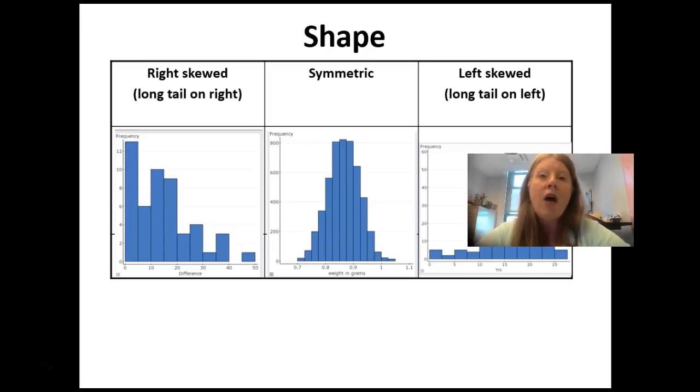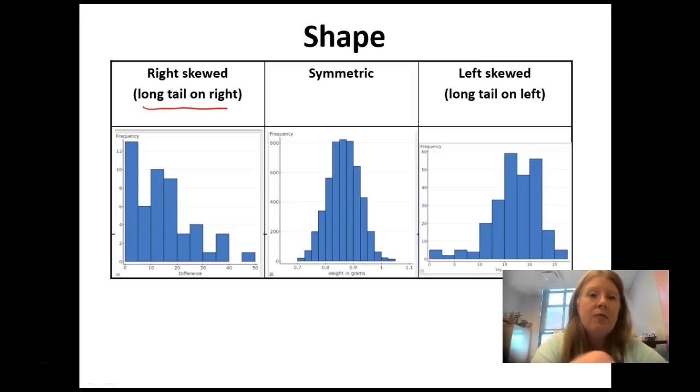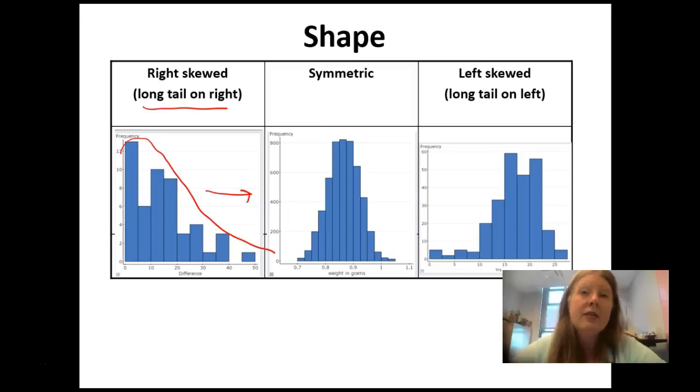So we have particular names that describe these different shapes. A distribution is skewed to the right, or right skewed, when the long tail points to the right. Again, if you imagine a curve over the distribution, the long tail is pointing to the right as you're looking at it.